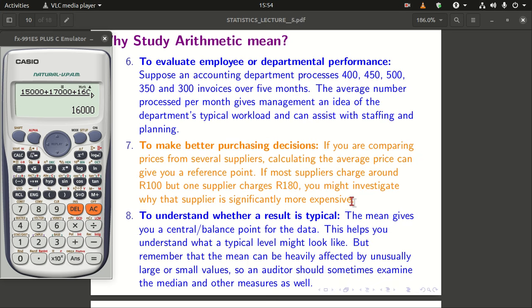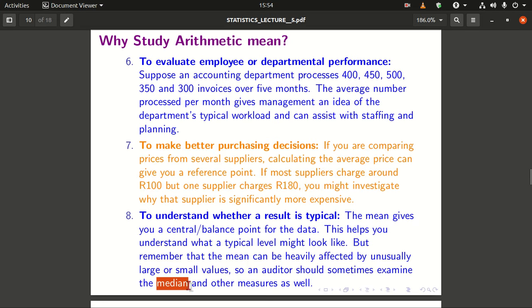That is why, when we are describing the center or the balance point for the data, we also need to think in terms of the median. I hope this makes sense, because the mean is affected by values that are so large or so small. So we need to also check another point that is not going to be affected by large values or too small values.